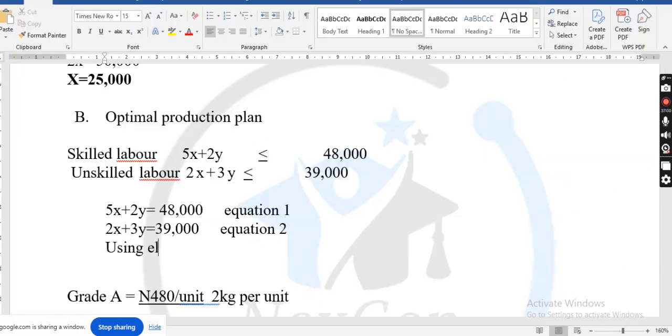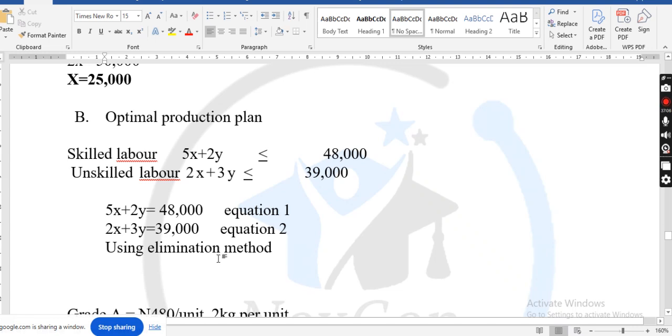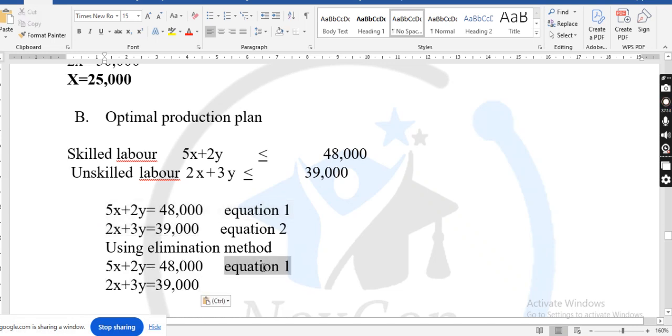Okay, right? So I can decide to say, let me copy this. Using the elimination method, I can decide to say times minus 3.